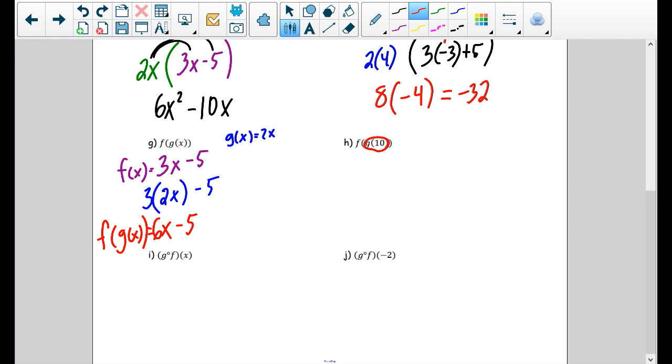So that's kind of what we're going to do. So we're going to look at this, well, what's g of 10? Well, g is that 2x, okay, right? So g of 10 is 2 times 10, or 20. So now I could say, well, this is actually going to be f of, well, what's f of 20? Because that's what g of 10 is, right? Does that make sense?